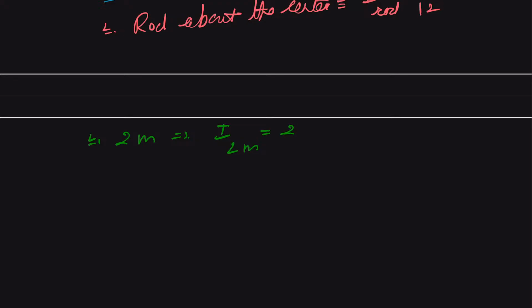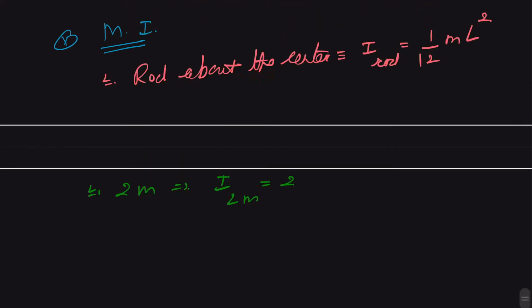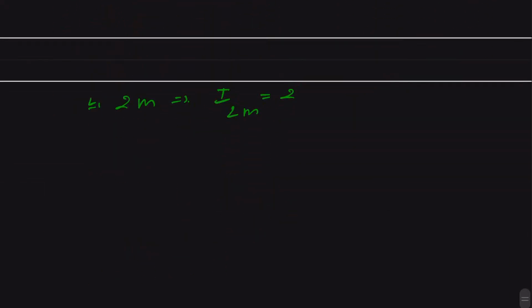So let me draw the figure here. So after collision, we are going to have here mass 2m. It is going to stick here at the distance of L by 4, and here mass m is going to stick here, and that is at a distance of L by 2.